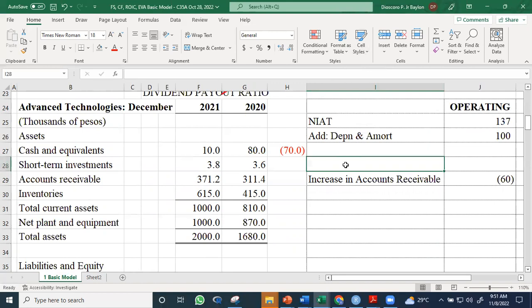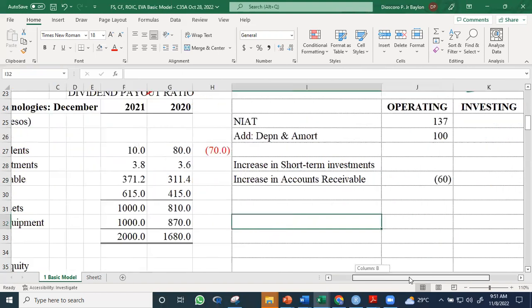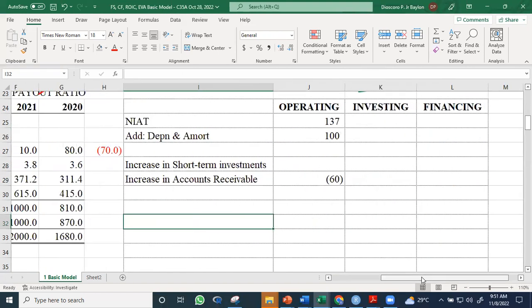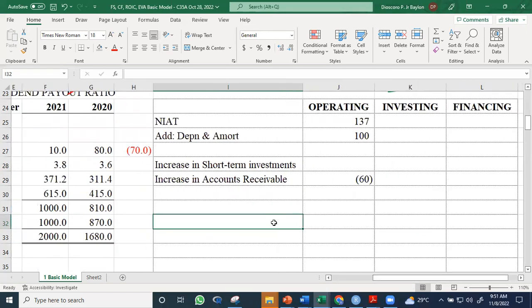This one also, increase in inventories. We haven't answered that. All right. Okay, how about inventories, class? Any questions so far? So an increase in accounts receivable falls under operating and it's a source of cash, since nakabenta.